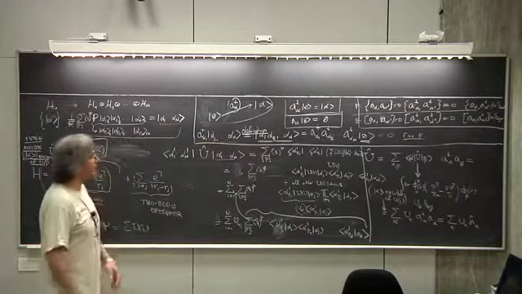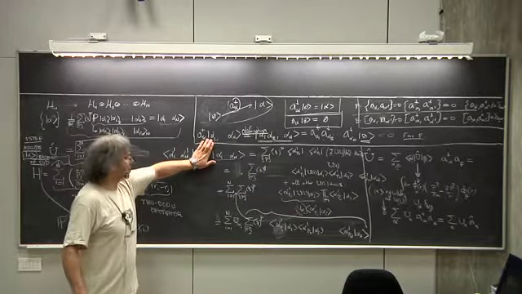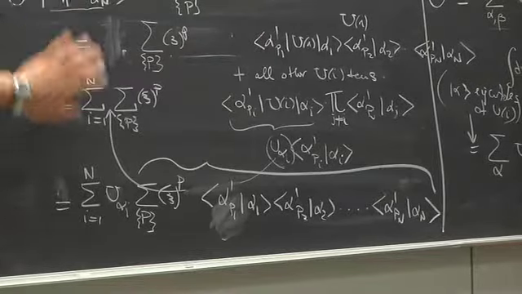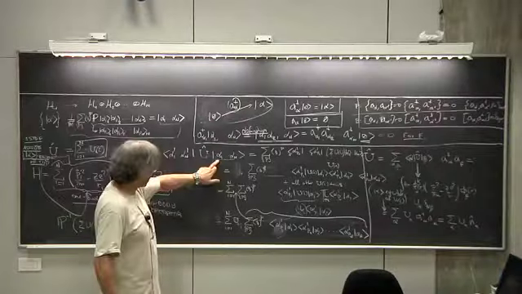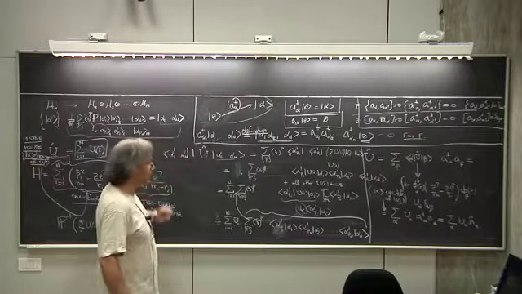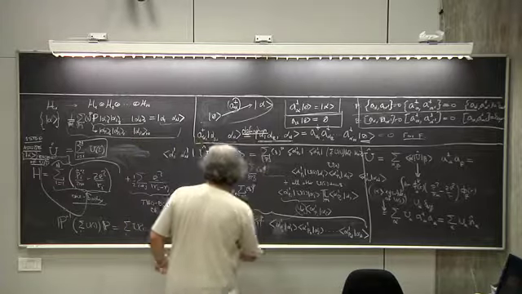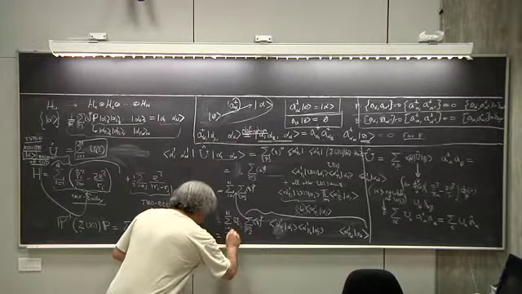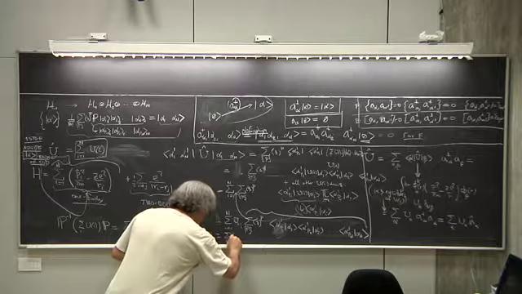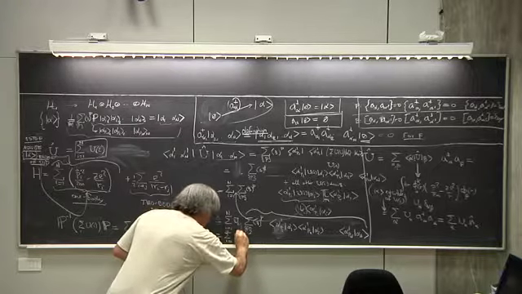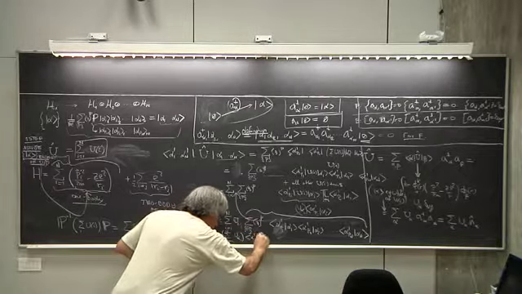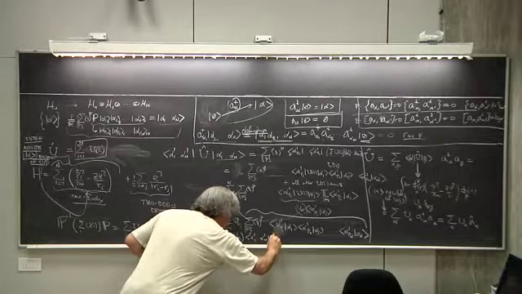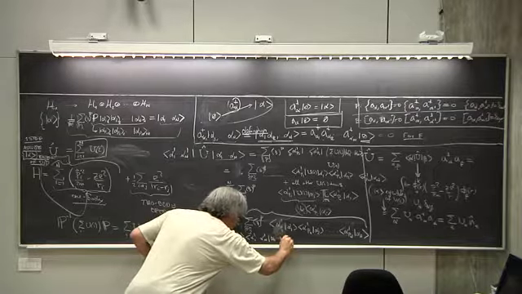Well, if I ask you to calculate this without the u, what you get is exactly that, obviously. You do the same algebra. So you know that this is nothing but the scalar product of this state with that state. Okay? So this object is also equal to sum over I from 1 to n u alpha I times alpha prime 1, alpha prime n, alpha 1, alpha n.